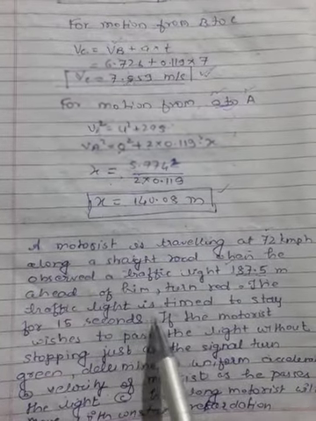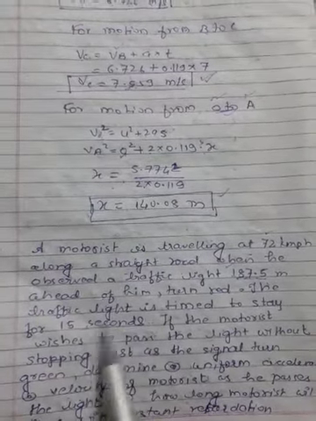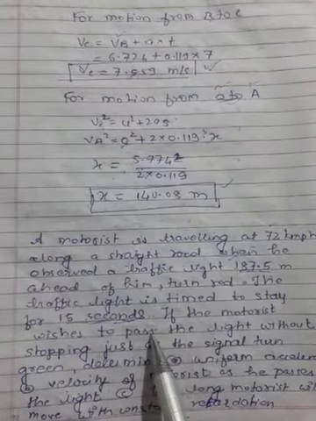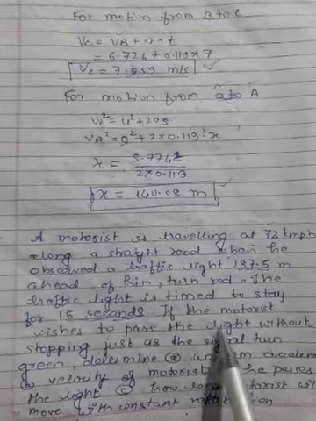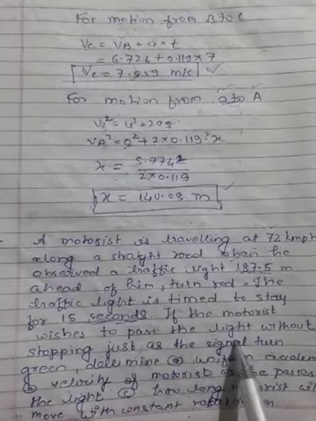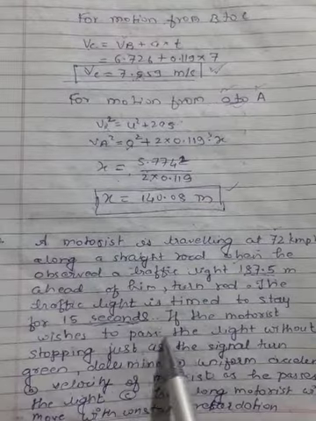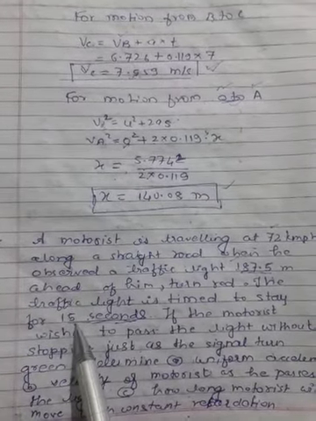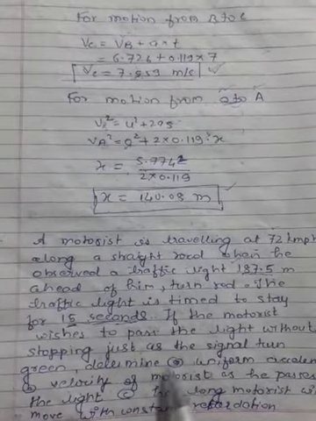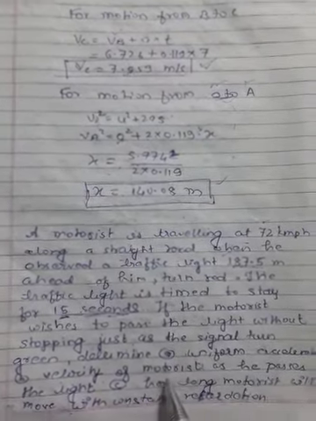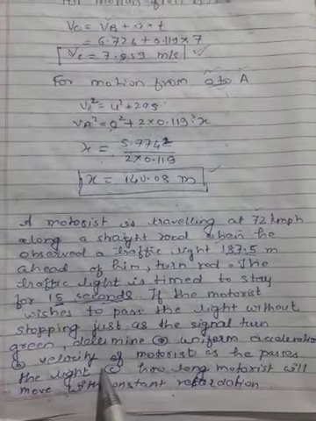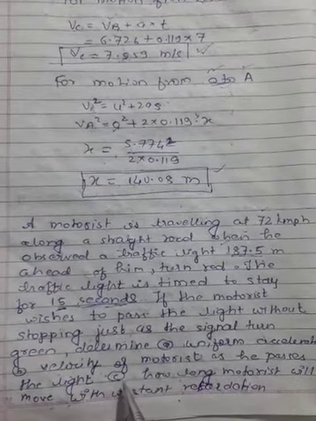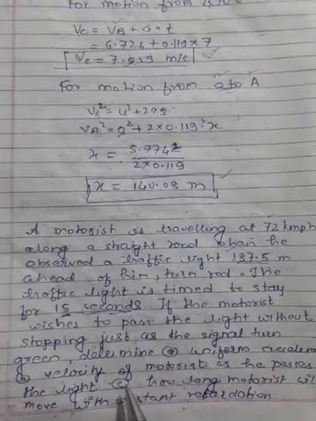To cover that distance it will take 15 seconds, so that he can pass the light without stopping as the signal turns green. So the total time for the motorist to cover the distance to the signal is 15 seconds. You have to calculate the uniform acceleration, the velocity of the motorist as he passes the light, and last, how long the motorist will retard with constant retardation after application of the brake.